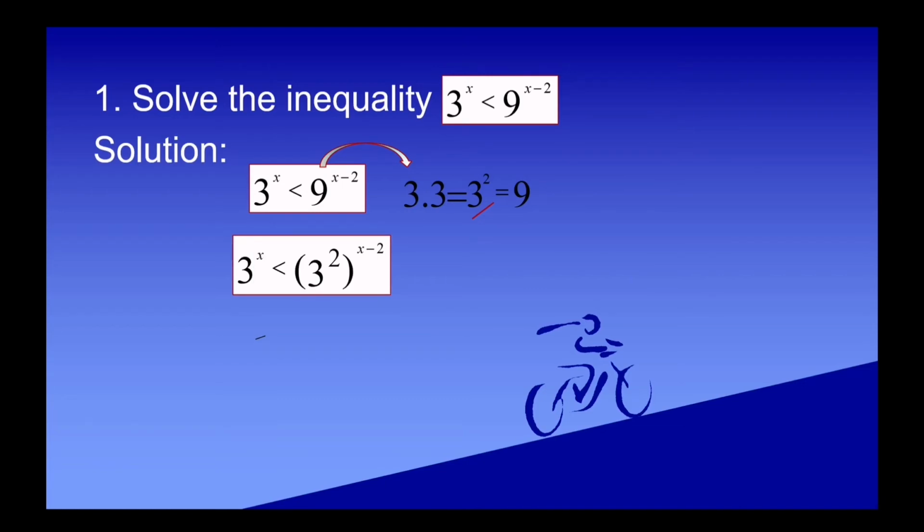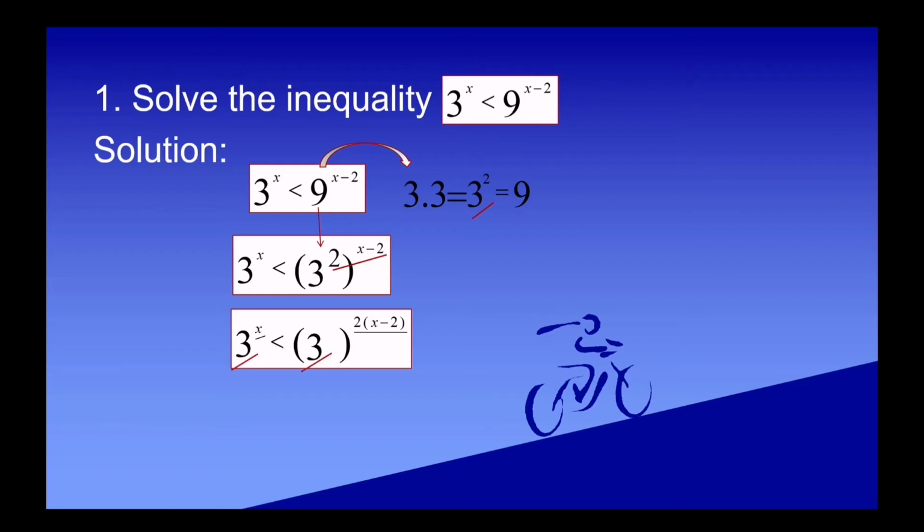Yan. 3 raised to x is less than, ang 9 can be written in the form of 3 squared raised to a quantity of x minus 2. Then get the product, exponent by exponent. Yan ang ating result. So we have the product of 2 and a quantity of x minus 2.